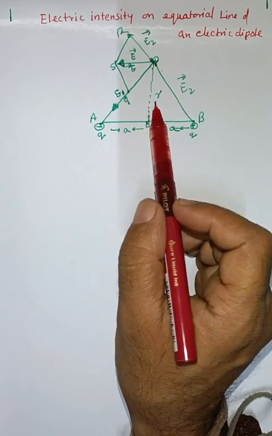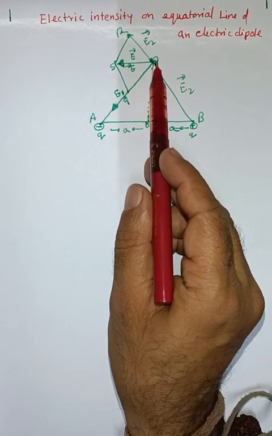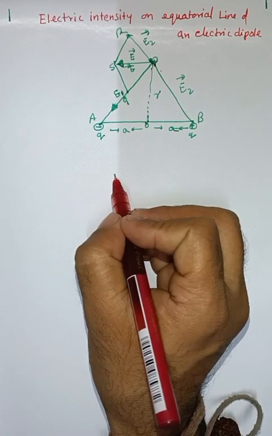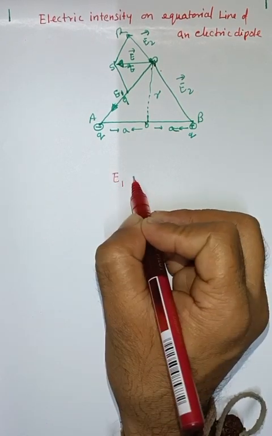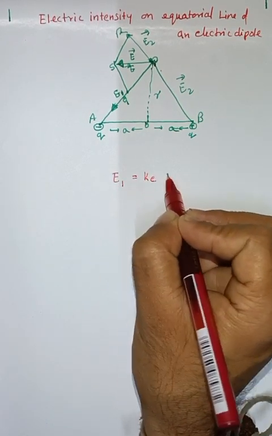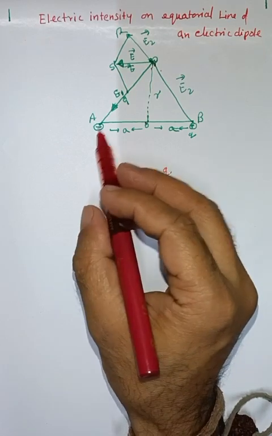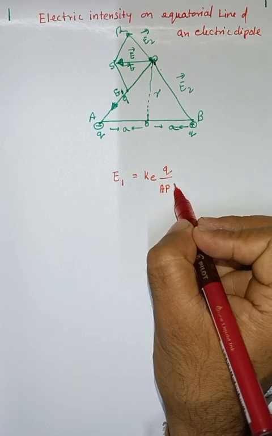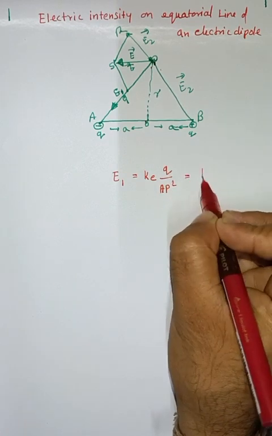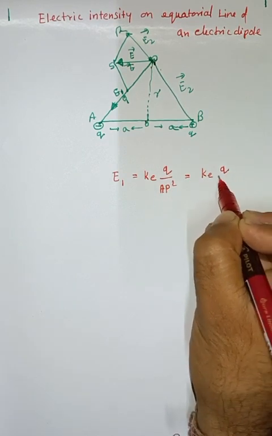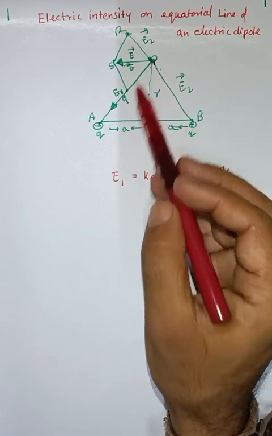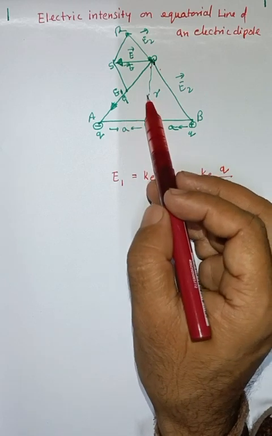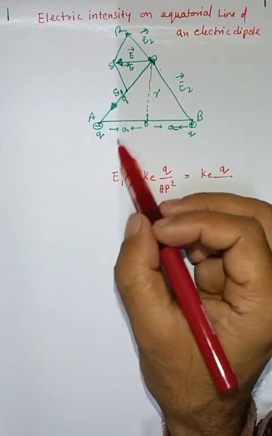Now the electric field intensity at P due to minus q charge at A is E1, equal to KEQ by AP square. AP square is the hypotenuse, and we know that hypotenuse square is equal to perpendicular square plus base square.